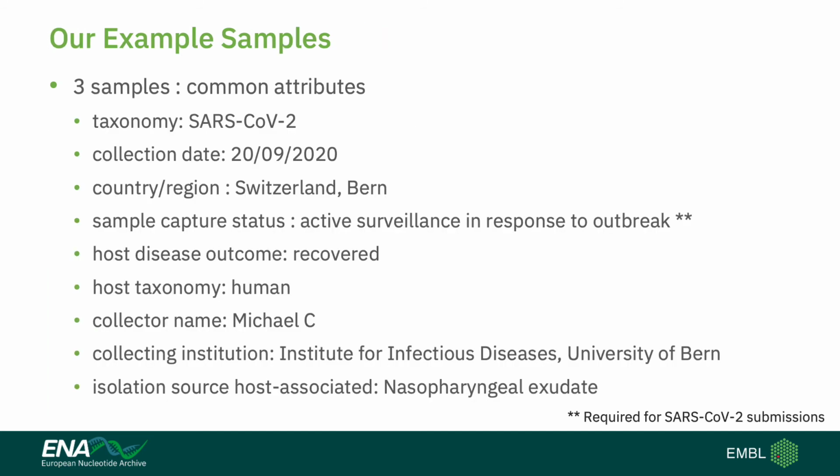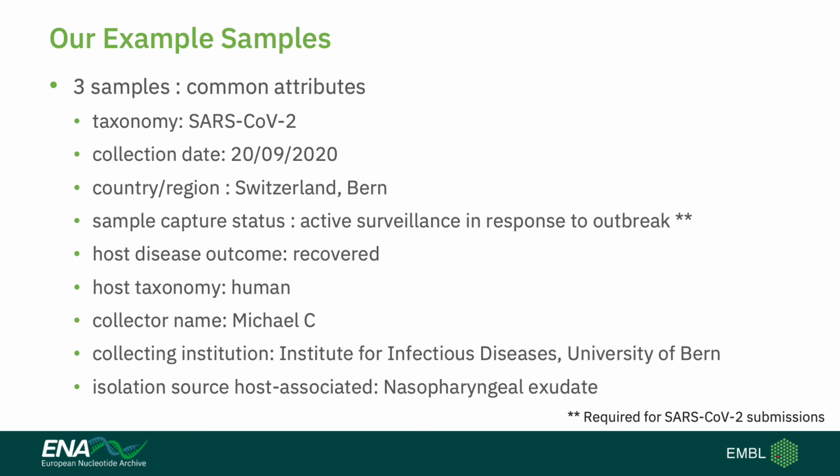So in this workshop we will be submitting 3 example samples. These are prepared for you in the samples directory in the example data folder that you would have downloaded earlier. They share quite a lot of attributes, so obviously the taxonomy is the same. We've set collection date and country to be the same. So a lot of metadata is shared between these samples.